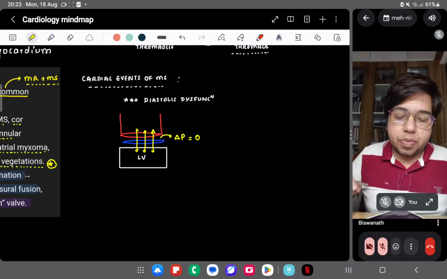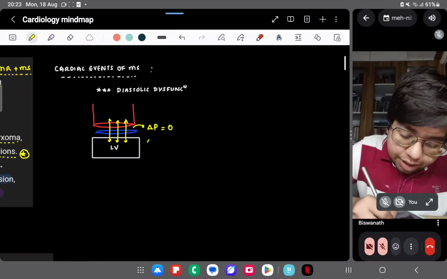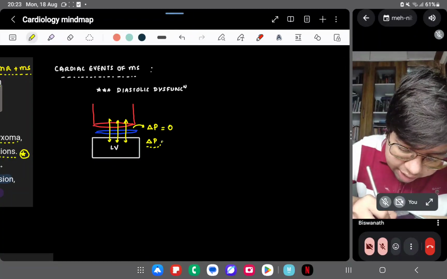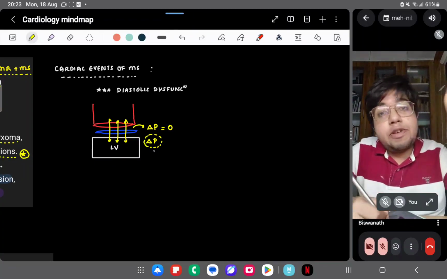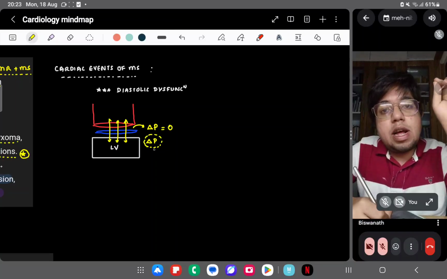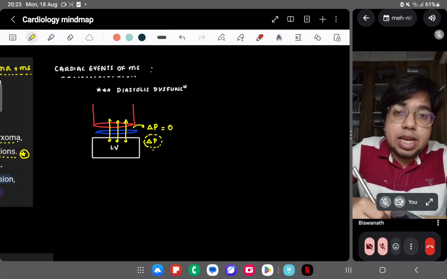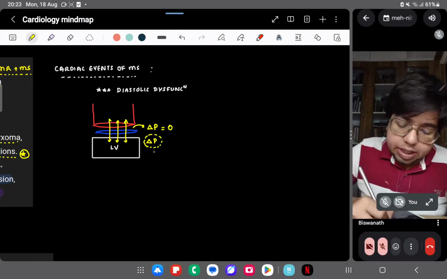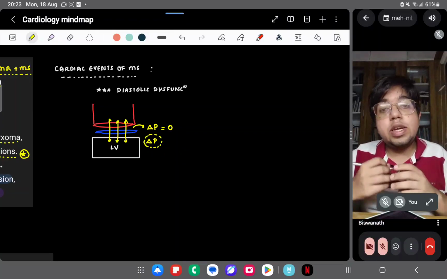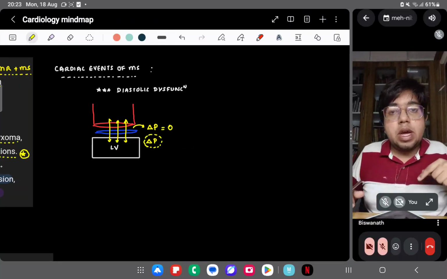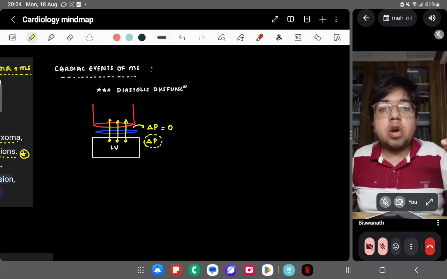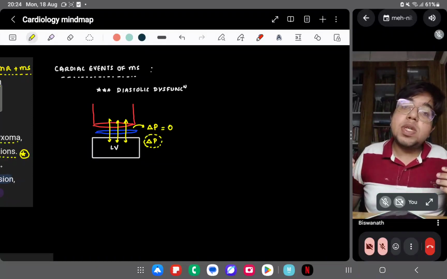But whenever a transvalvular pressure gradient develops, this is our enemy, this is our problem. This will cause the stenosis. So this is the opening problem. In the previous lecture, we talked about aortic regurgitation. Aortic regurgitation was a closing issue.